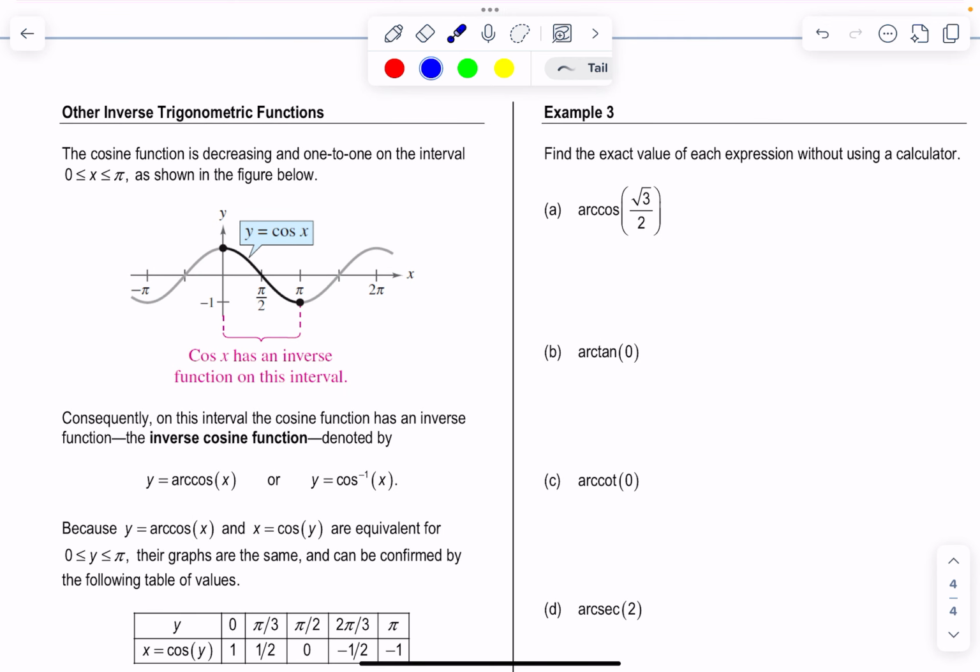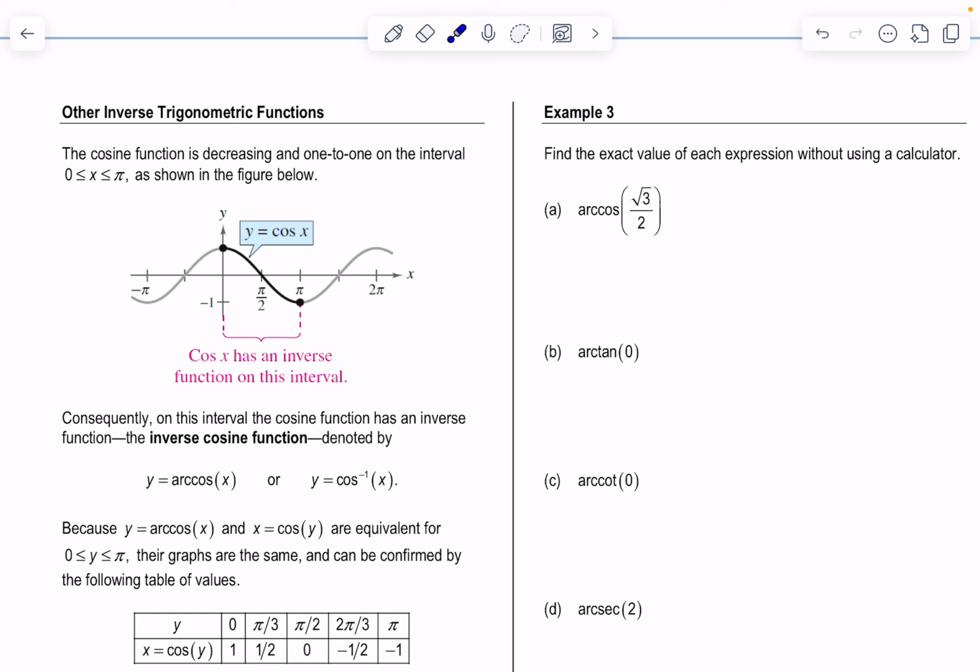Example number 3 is a combination of all the trig functions except the sine functions. We already did sine functions above. The problem in here is that every function has a different restriction.